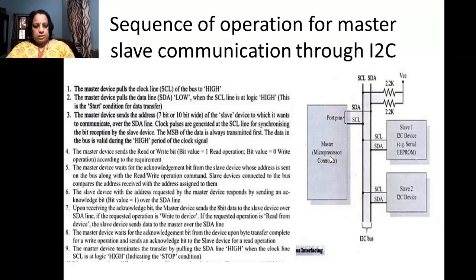So the last sequence of operation that occurs is that if the master wants to terminate the transfer, then the SDA line, which was initially low, is asserted to high.